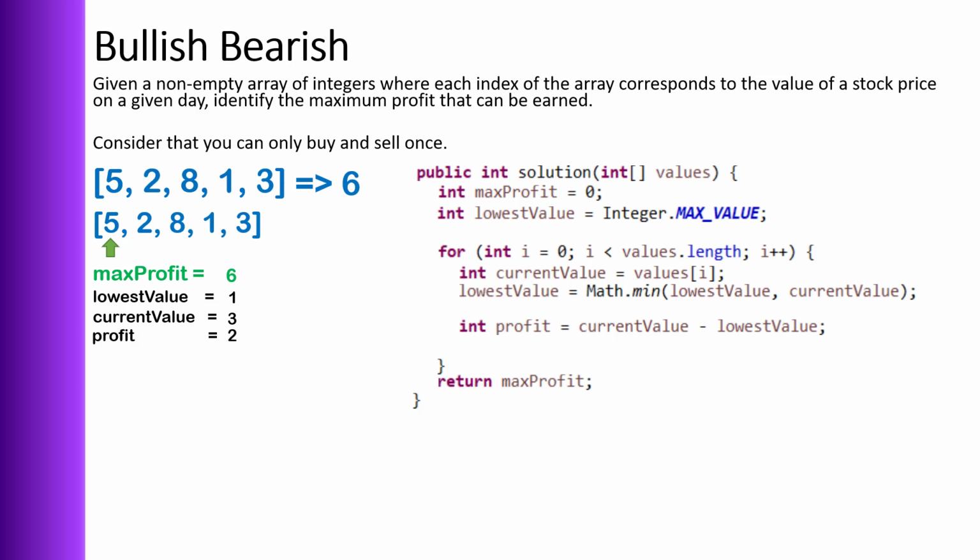To compute the profit, it's the same, current value minus lowest value. And then if profit is higher than the max profit, then we assign it to max profit. Otherwise, max profit will still hold the value max profit. And then we return the max profit. Time complexity for this is O of n, since we are only iterating through the array once.